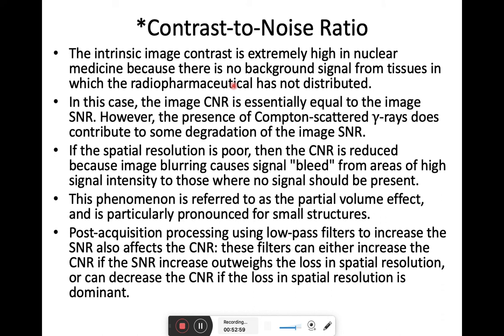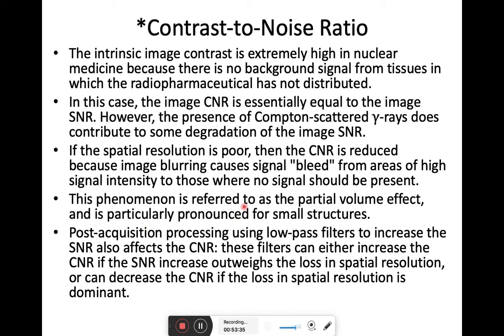However, the presence of Compton scattered gamma rays contributes to the degradation of the image SNR. If the spatial resolution is poor, the SNR is reduced because image blurring will cause the signal to bleed from areas of high signal intensity to those where no signal should be present.